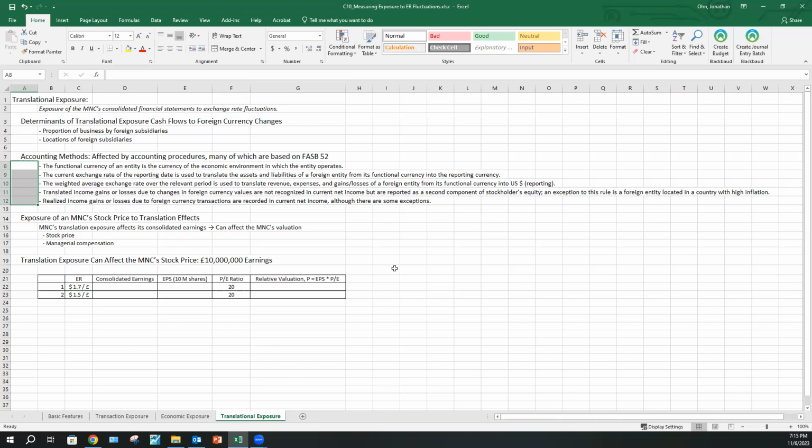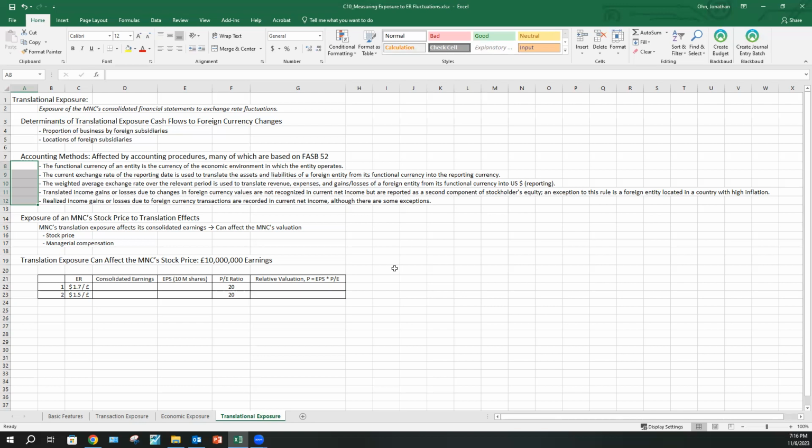For example, an MNC's translation exposure affects its consolidated earnings. If the consolidated earnings change, then its valuation will also change, right? And this valuation will affect stock prices, of course, and stock prices are the basis for managerial compensation in many cases.